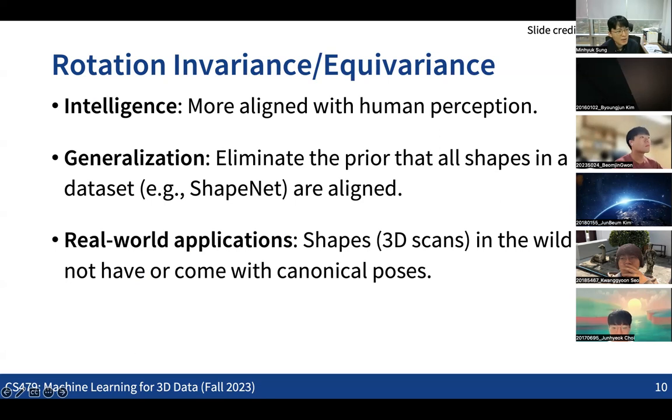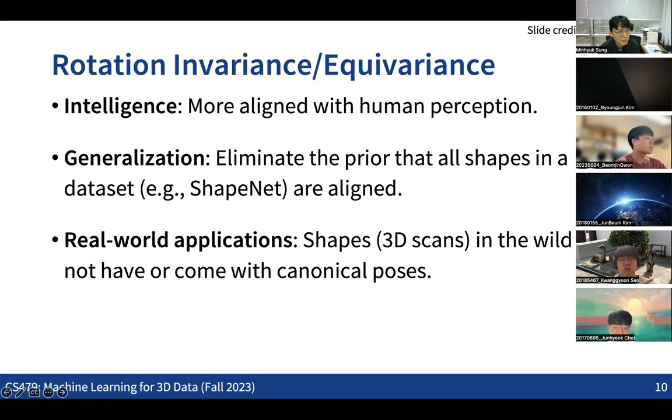So how can we teach the neural net in the way that we humans perceive 3D information? That's one thing we want to achieve here. And also how we generalize the information that we learn from online repositories of 3D models is something we want to achieve.